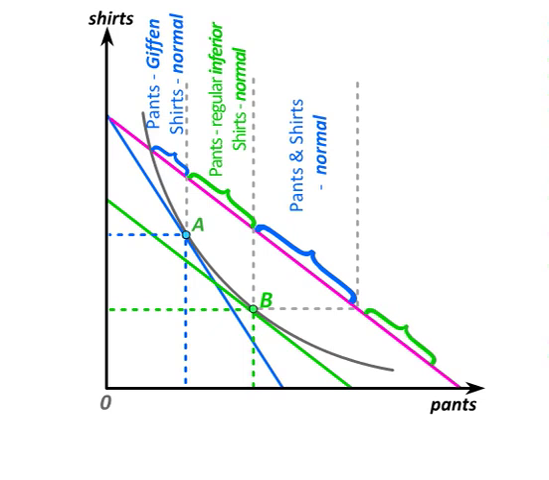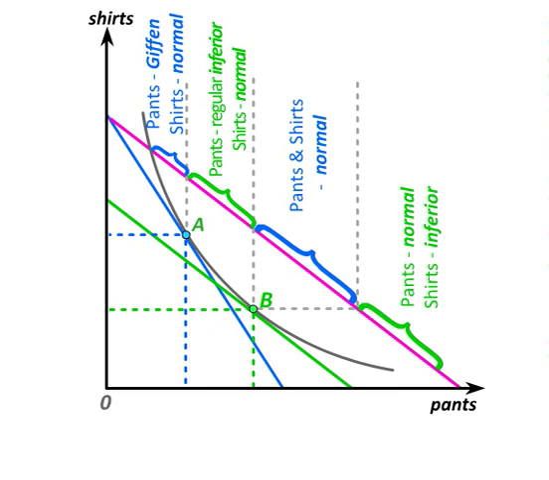Finally, it could be that shirts are inferior goods and pants are normal goods, in which case an increase in income from the green to the magenta budget implies that our shirt consumption has to decline, while our pants consumption increases relative to bundle B. In our final line segment of the magenta budget line, we therefore have the case where pants are normal goods and shirts are inferior goods.